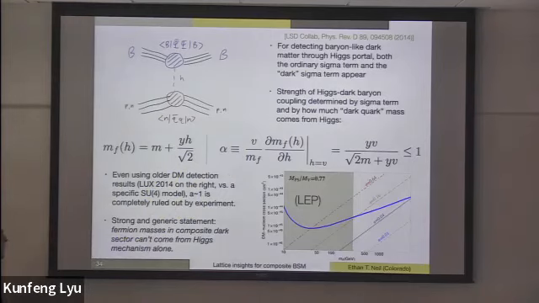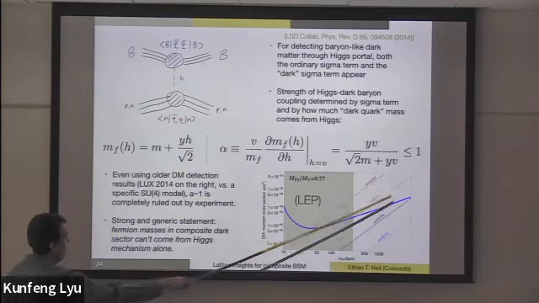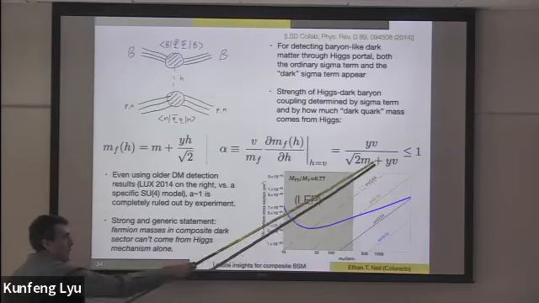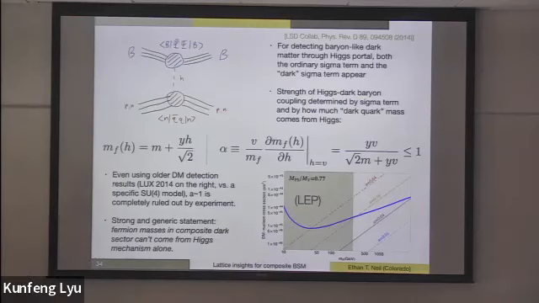And in this dark matter model, the SU(4) dark matter model, this curve is alpha equals 0.64. This is an old LUX 2014 bound, so there are even better direct detection bounds now. But even from this old plot, you can see alpha even around a half is ruled out completely by direct detection.